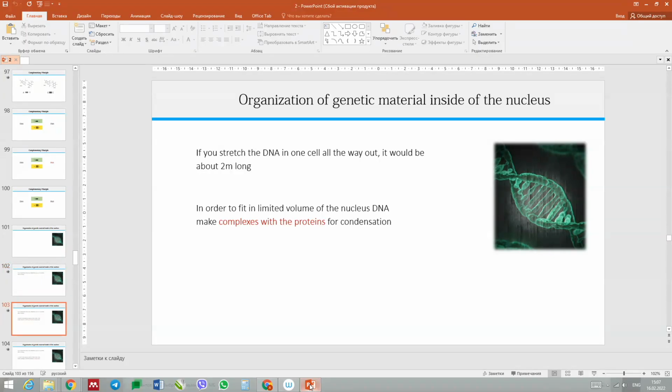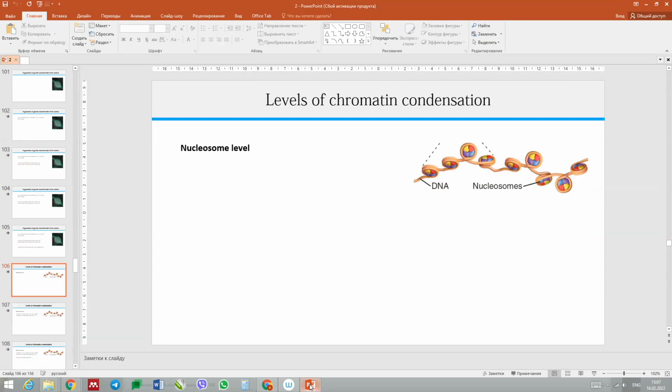In order to fit the limited volume of the nucleus, DNA makes complexes with proteins for condensation. And the complex of DNA molecule with proteins is called chromatin. There are several tricks that are used for condensation of DNA, or we can say several levels of chromatin condensation.